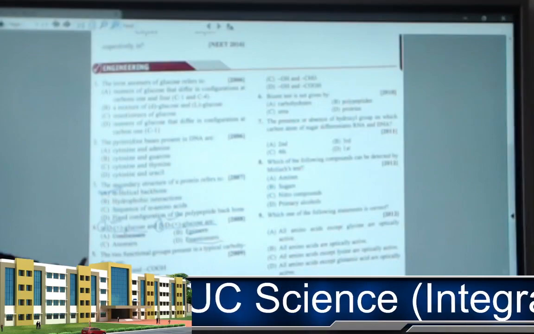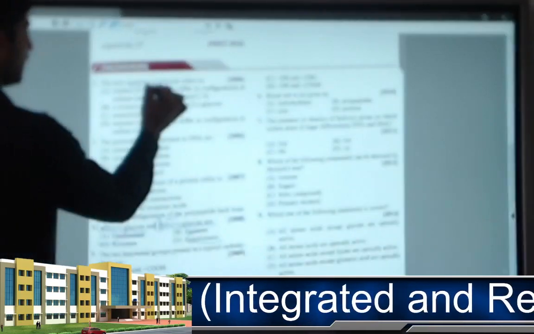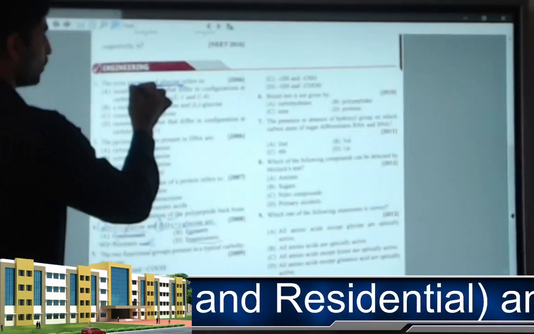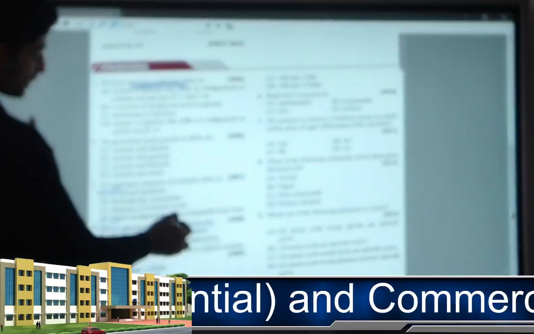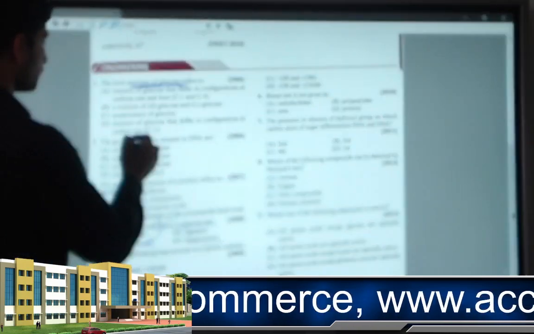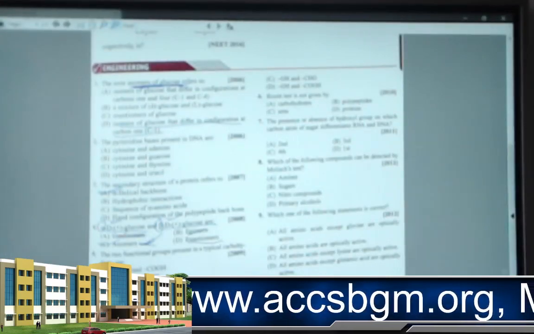Conformers means conformation, we will not take that. So the answer is C. The same related question was right here: anomers of glucose are alpha D-glucose and beta D-glucose, because they are isomers of glucose that differ in the configuration of carbon number 1.